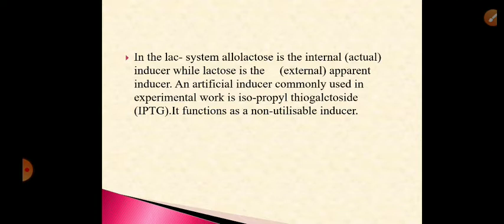If you are studying this system in the laboratory, we can use an artificial inducer for our experimental work. That is IPTG, isopropyl thiogalactoside, a non-utilizable inducer. To study such mechanisms of regulation of gene expression in the laboratory, IPTG can be used.